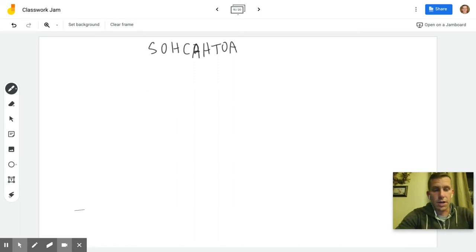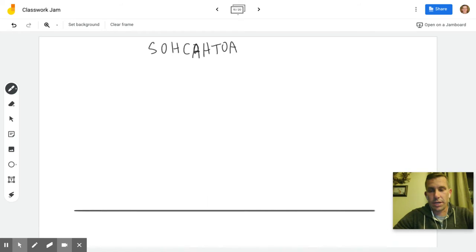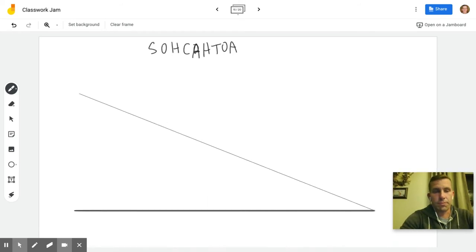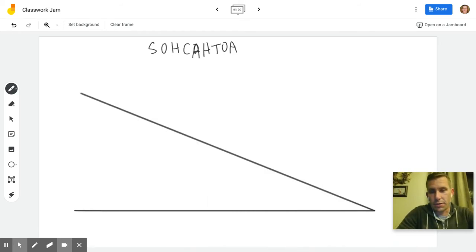And first, I'm going to draw an angle. So I'm just going to draw 2 lines representing an angle. And we're going to call this angle 40 degrees.